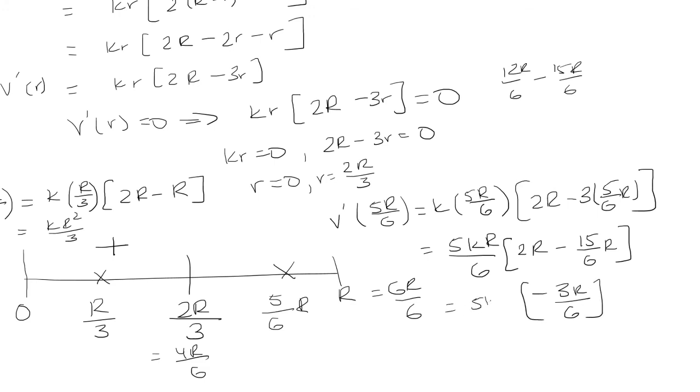Multiply that by 5kR over 6, and we get negative 15kR squared over 36. We don't have to go further.